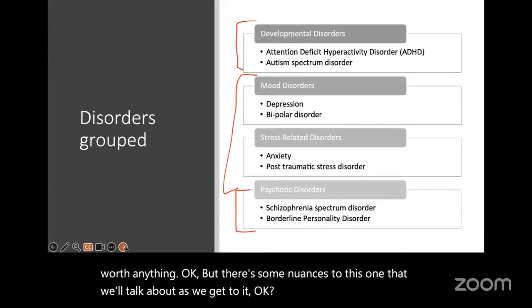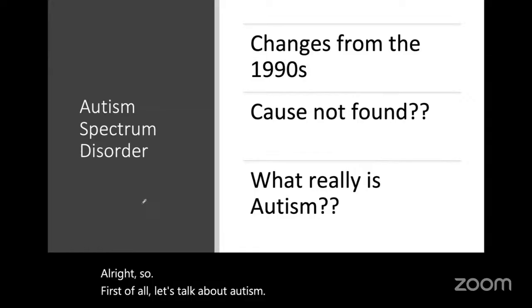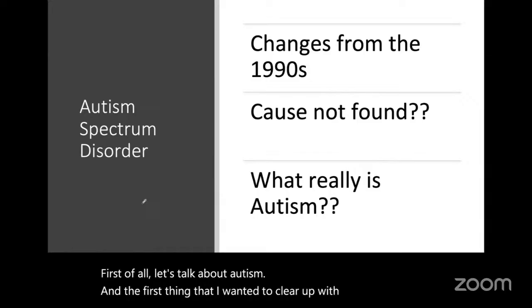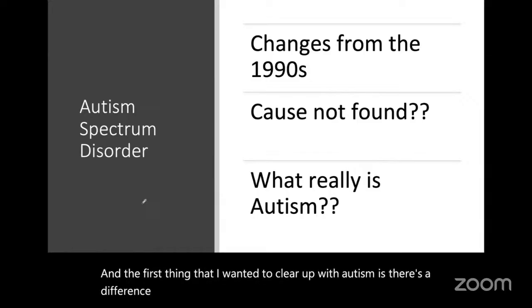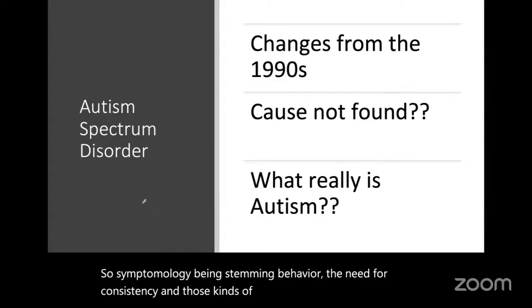All right. So first of all, let's talk about autism. And the first thing that I want to clear up with autism is there's a difference between the symptomology we see, so symptomology being stemming behavior, the need for consistency, and those kinds of things, and what's driving that disorder.